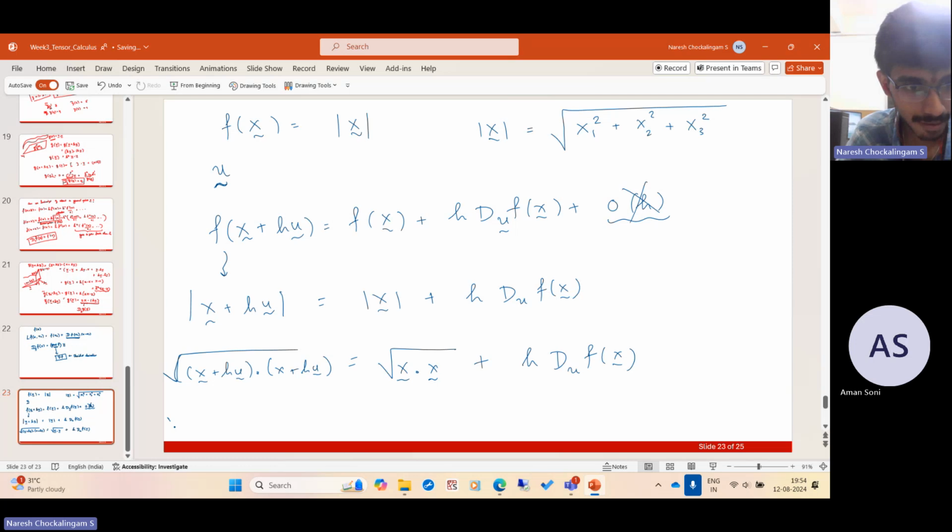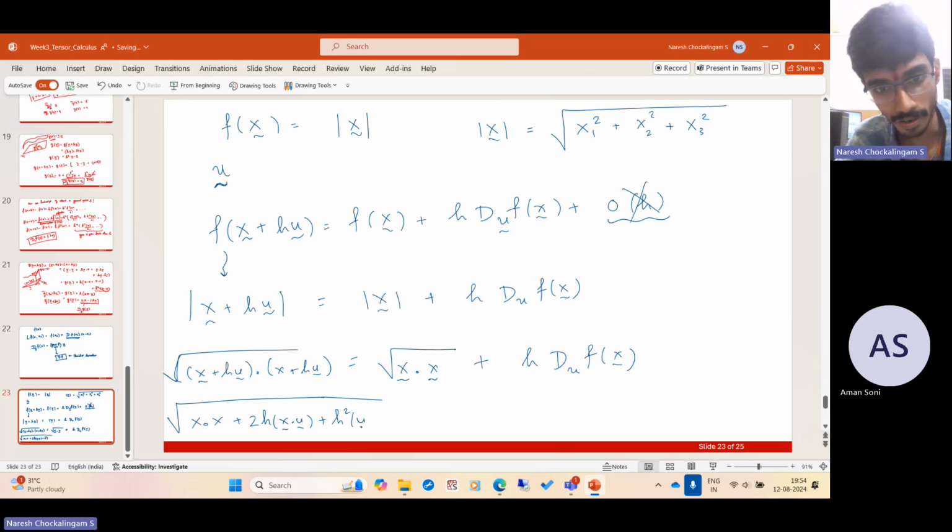Now expand this. We have already done this. You get the square root of x dot x plus 2h x dot u plus h square times u dot u. This is equal to the square root of x dot x plus h times the directional derivative of f of x in the direction u, plus terms of higher order.